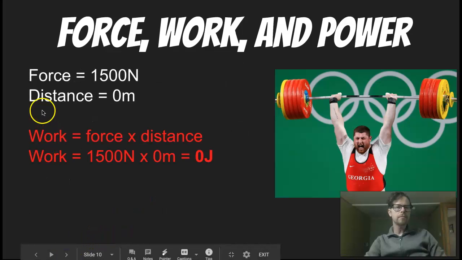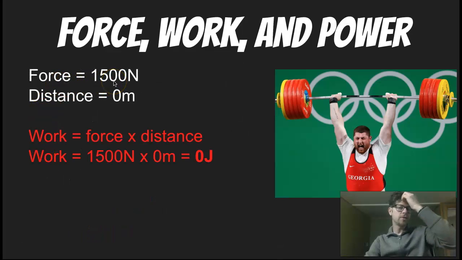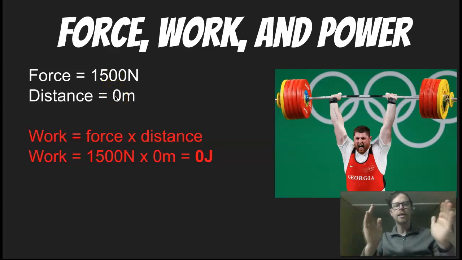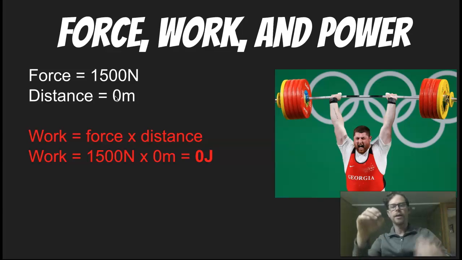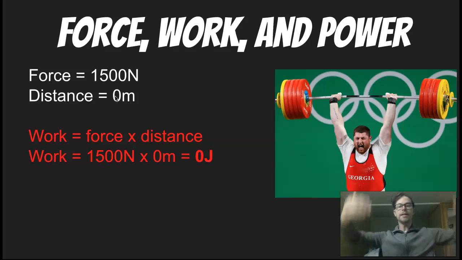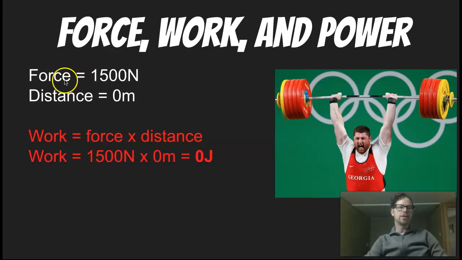Well, the force was 1,500 newtons because that's the weight of the barbell. But the distance in that 5-second interval is 0. Sure, before that he did do work to lift it above his head, but while he's holding it above his head, the distance is not changing. So according to the formula of force times distance, it's force times 0 meters, so that gives us 0 joules.